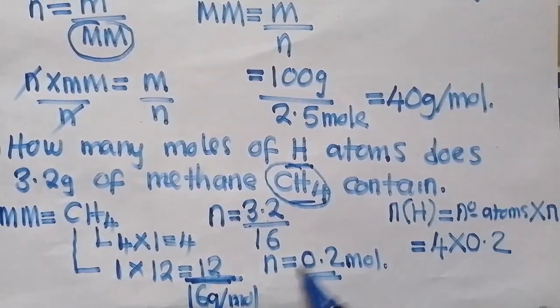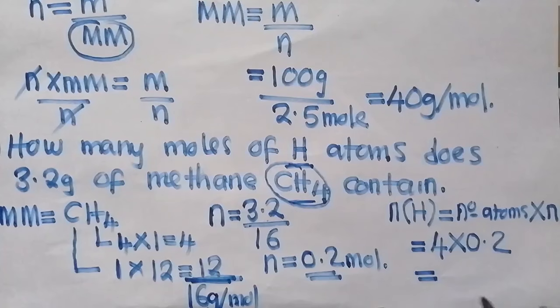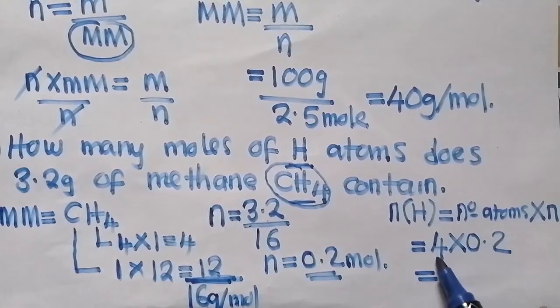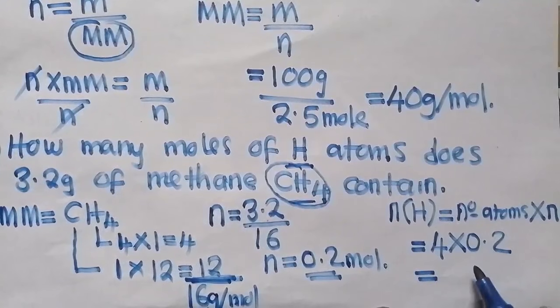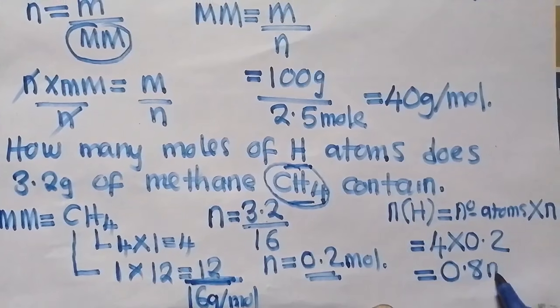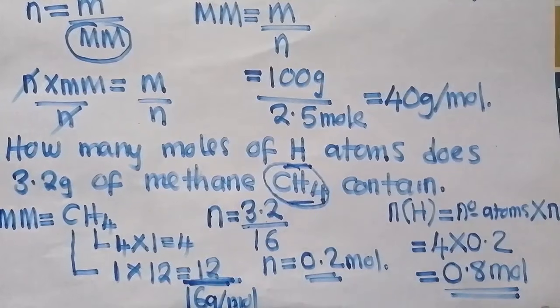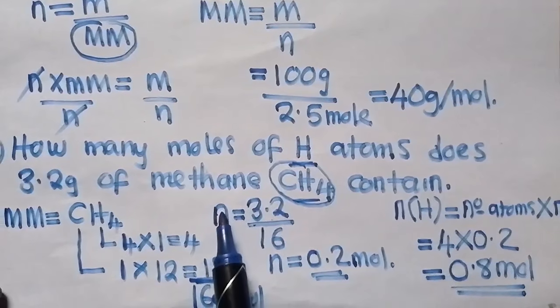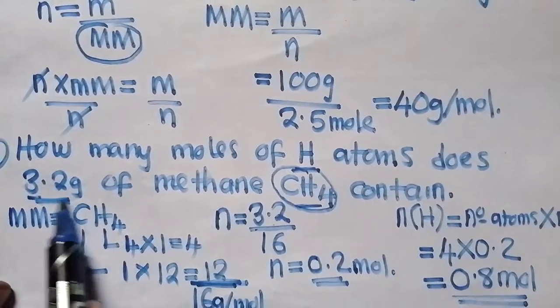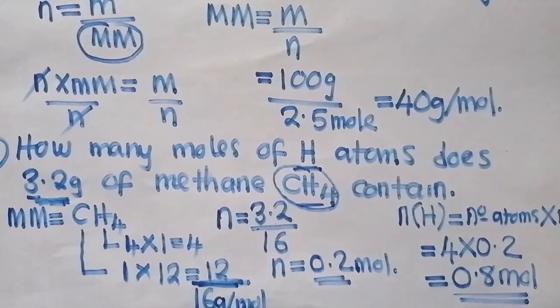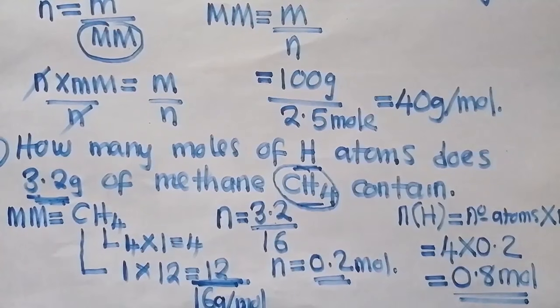So this is equal to 4 times 0.2. The answer that you're going to get is 0.8 moles. This is your answer. You've calculated the number of moles for hydrogen that are contained in this compound of methane, having this as its mass. This is how we get to calculate this.